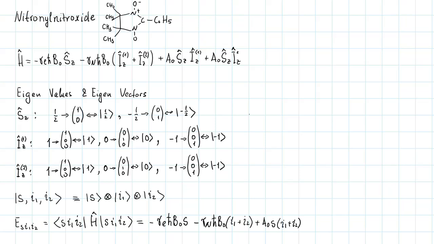These expressions allow us to draw an energy diagram for all 18 quantum spin states which we obtain here.